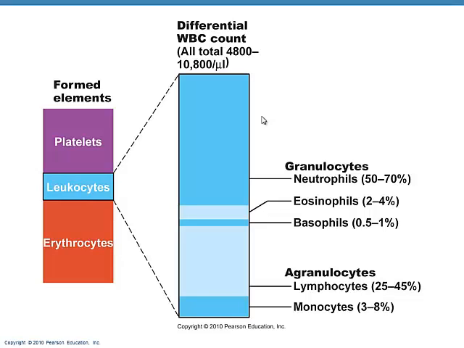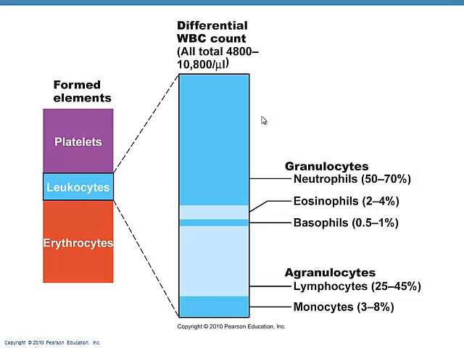If I had 45 lymphocytes out of 100, would that be normal? Yes. If I had 50 neutrophils, would that be normal? Yes. That's what you're going to do in lab, and that's what a white blood cell differential count is.